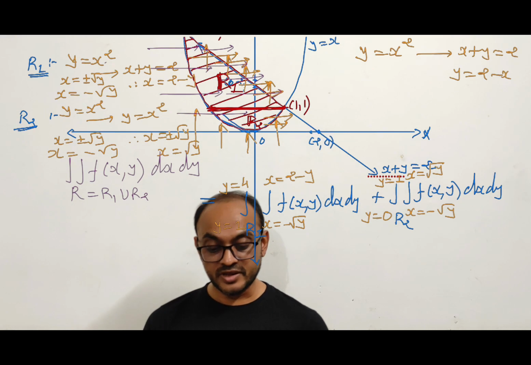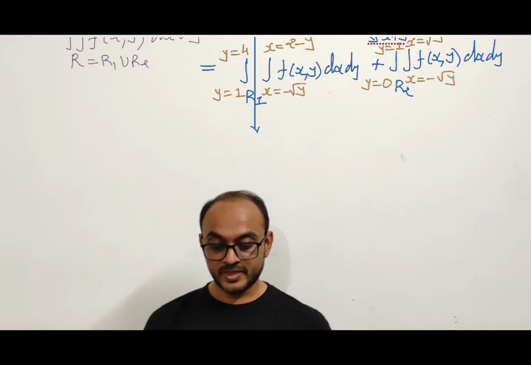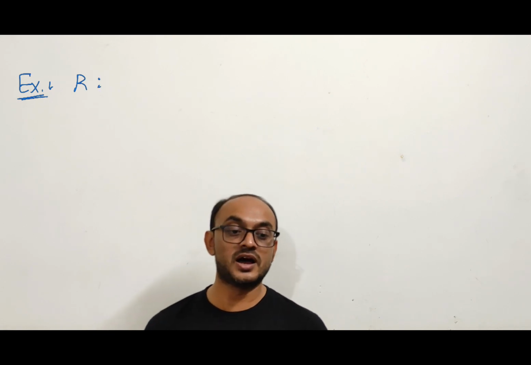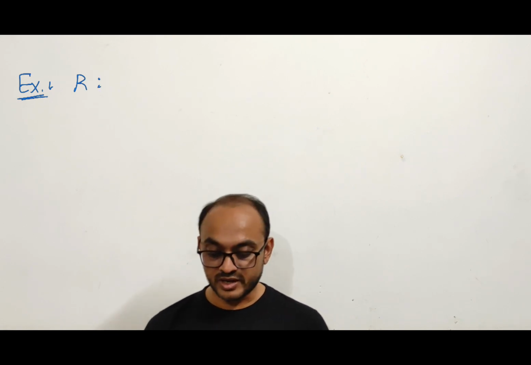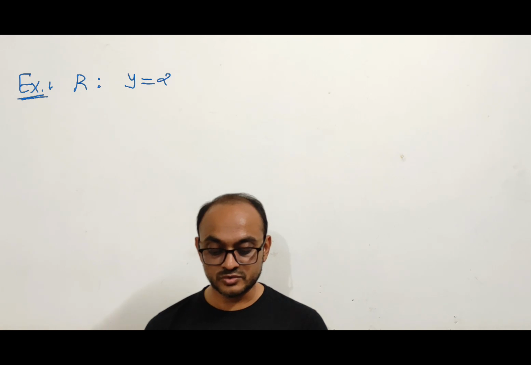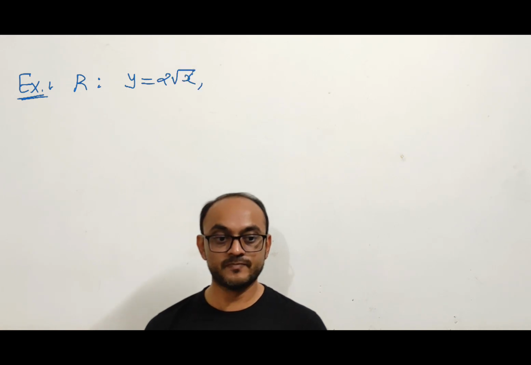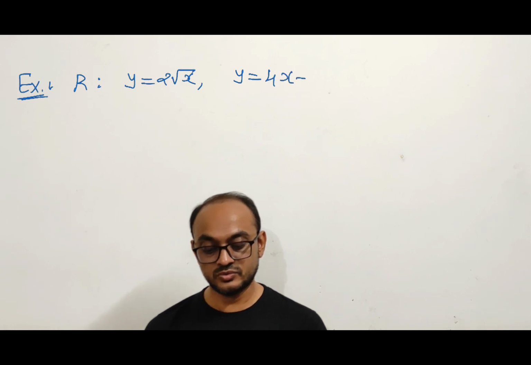One more thing. Let me give you one exercise. This exercise is of the same kind which we have already discussed. The region R is bounded by the curve y is equal to 2 under root x, y is equal to 4x minus 2, and the first quadrant.